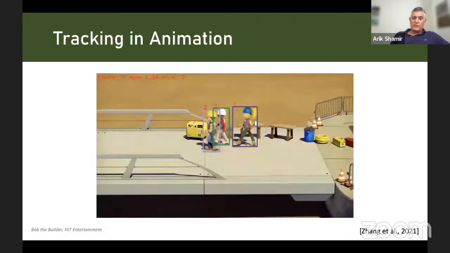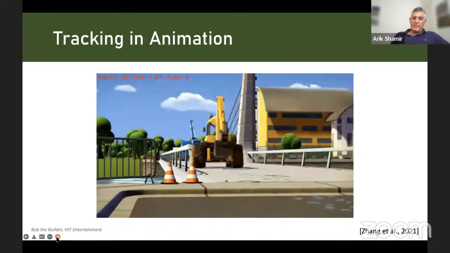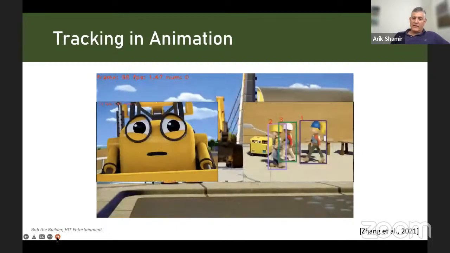But when you move to non-photorealistic content, for example, in this movie, you can see that maybe the people are tracked well because they look like humans, but then you have also characters that are tractors or cars or objects that are animated. And obviously this can't be tracked using this algorithm.